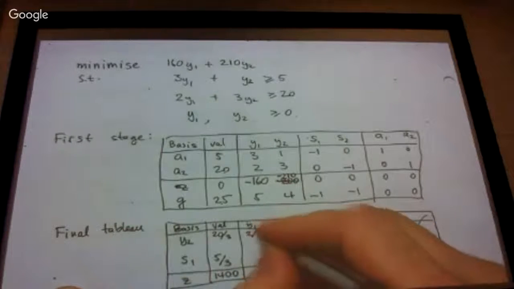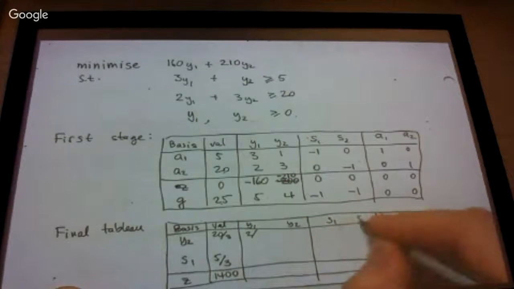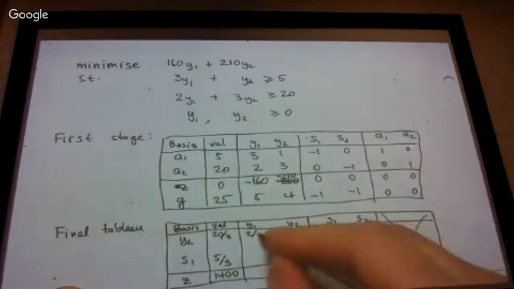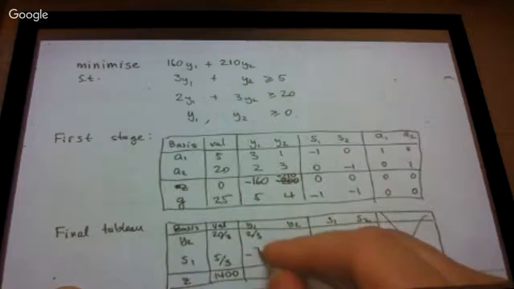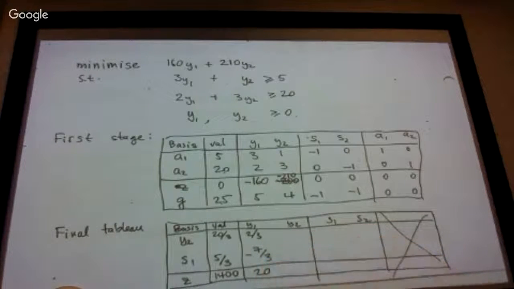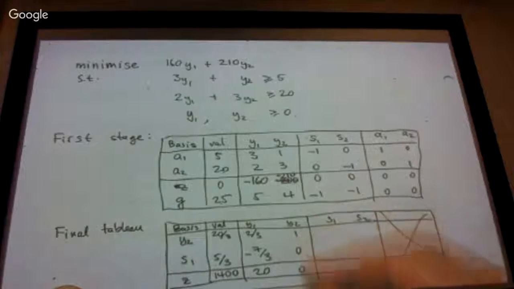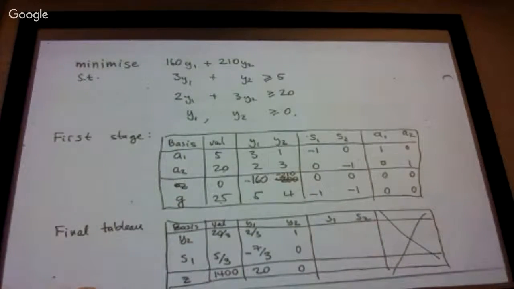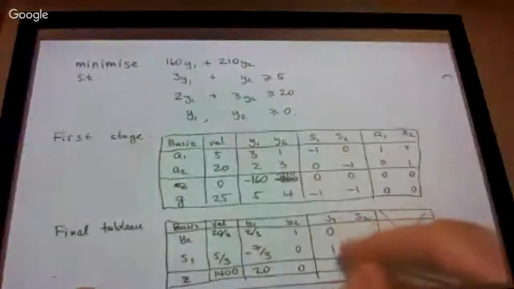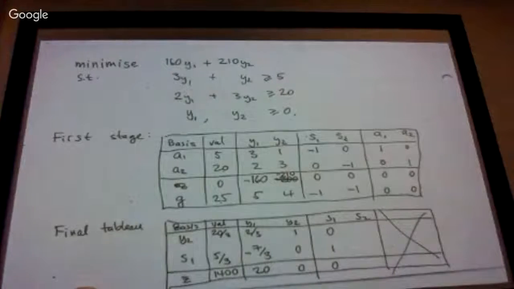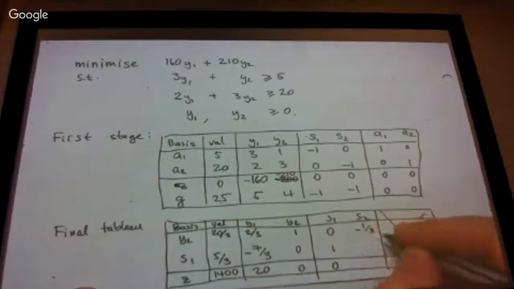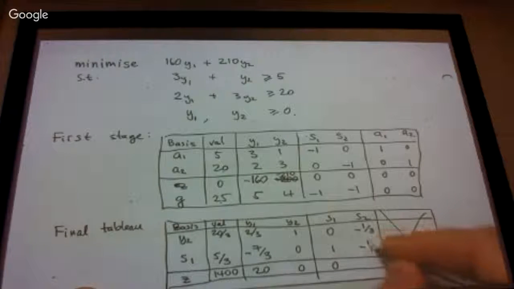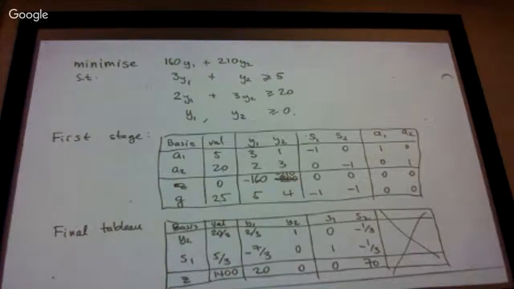And this was Y1, Y2, S1, S2. Two-thirds, minus 7/3, 20. Y2 is in the basis, so not much surprise there. S1 is also in the basis, so this is what it looks like. And S2 should be minus 1/3, minus 1/3, 70.